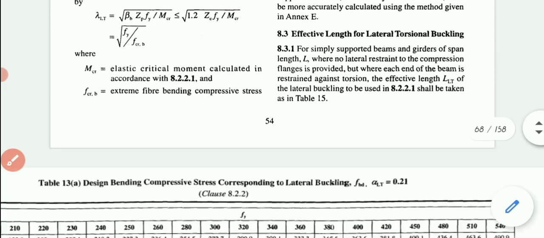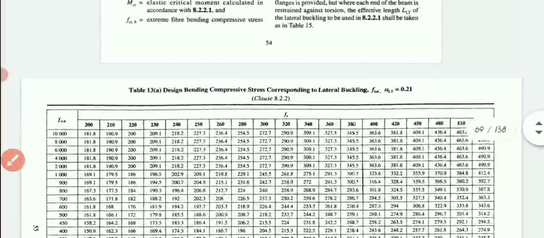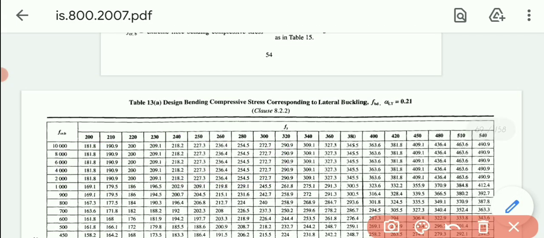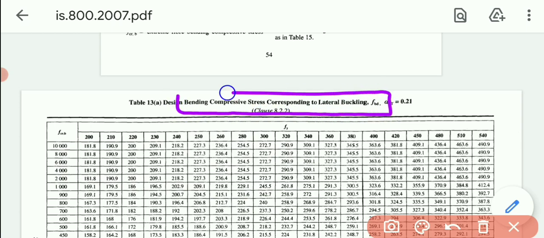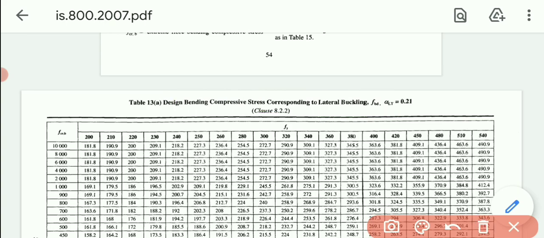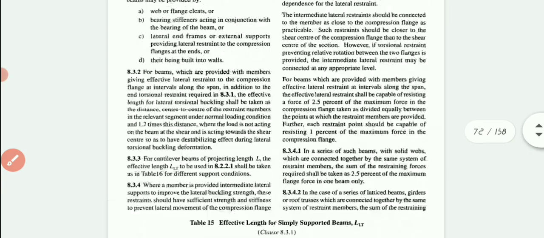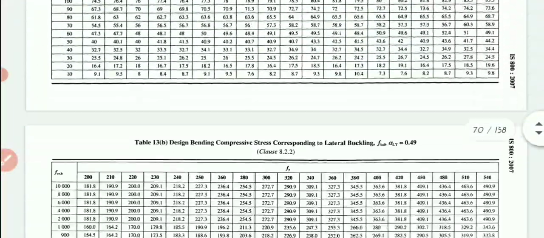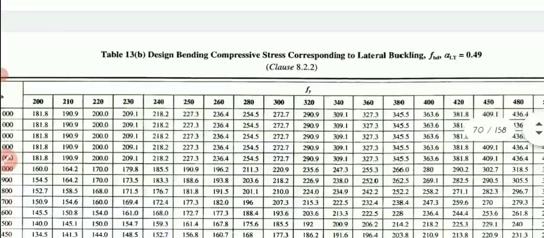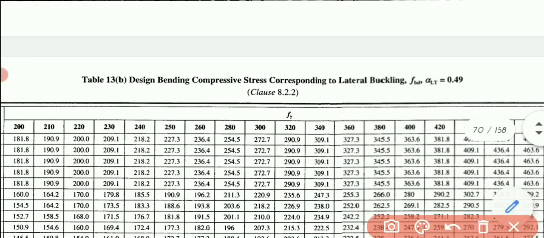So we will go to table number 13a over here. This is the criteria of fbd, that is bending compressive stress corresponding to lateral buckling, fbd, for alpha LT 0.21, that is table number 13a. Similarly, table number 13b is also given to us. We can see over here.